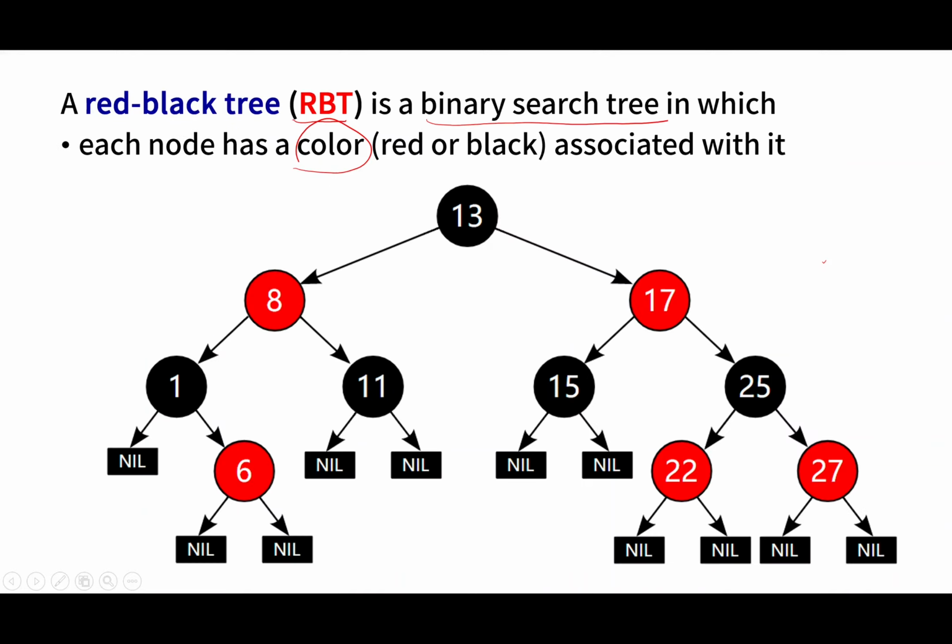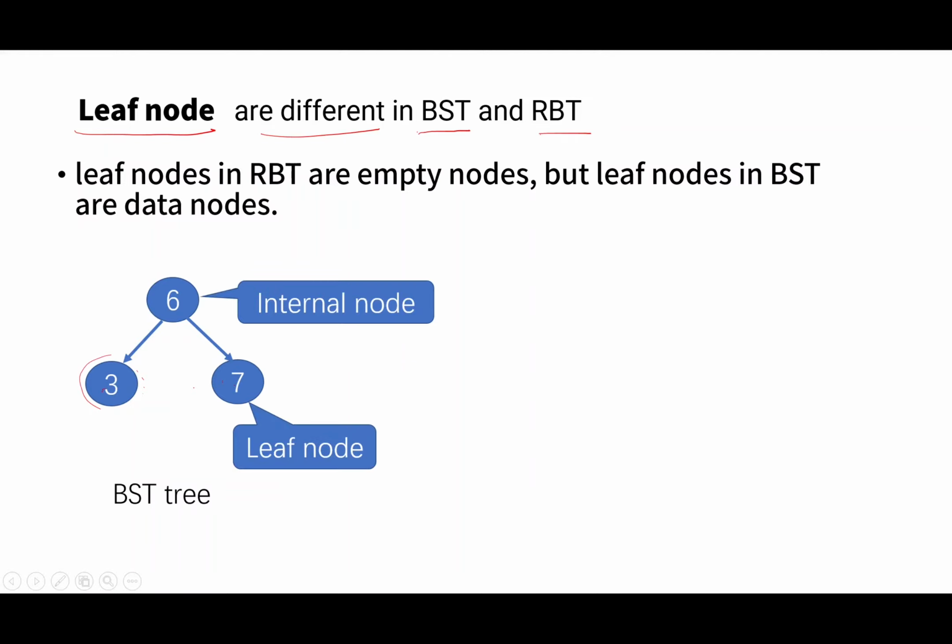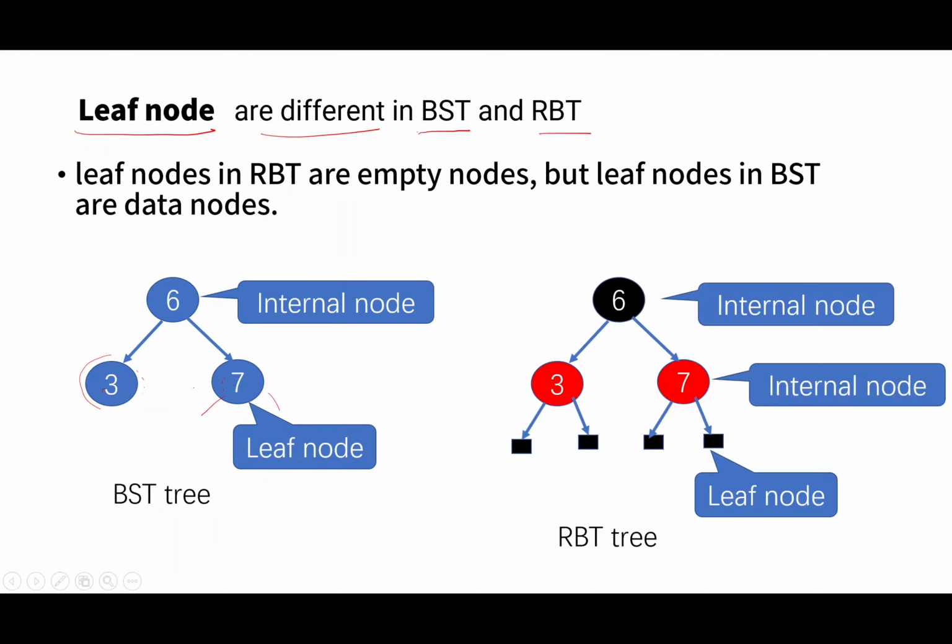We should note the leaf nodes are different in BST and RBT tree. For BST tree, these two nodes are leaf nodes because there is no child of this node.